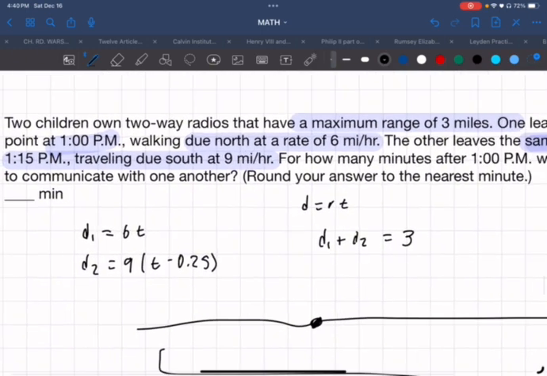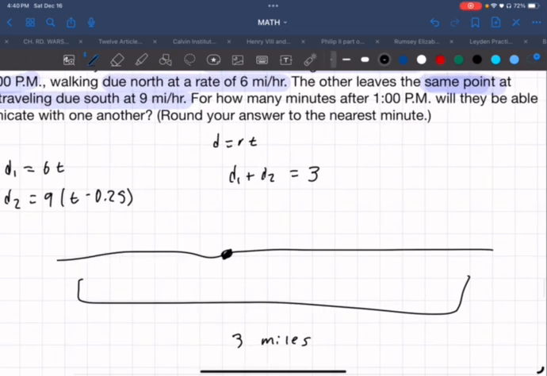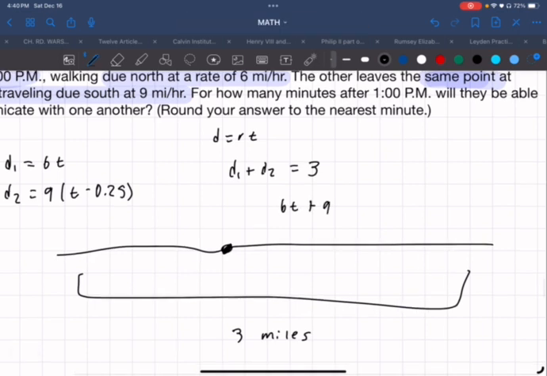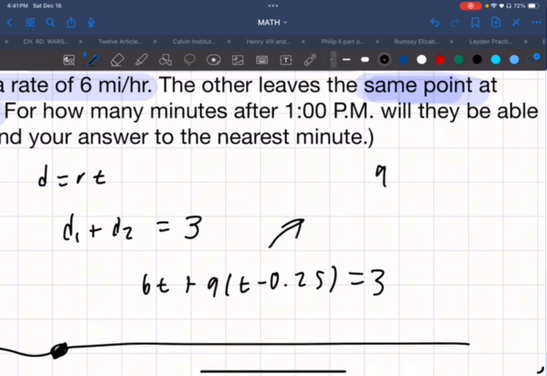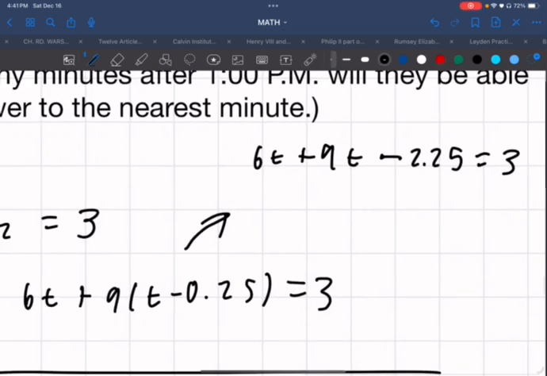Okay, so now we can just hopefully set it up. Again, I'm not confident with this. That should basically be right. So you just plug this in here: 6t plus 9(t minus 0.25) equals 3.